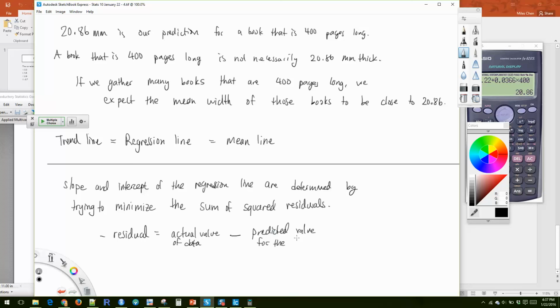In this previous slide, I'll let you finish writing that down. In the previous slide, it is essentially the vertical distance between a data point and the trend line.